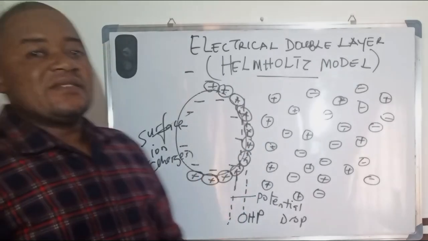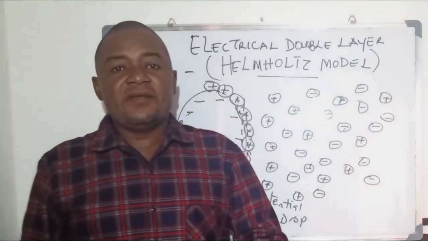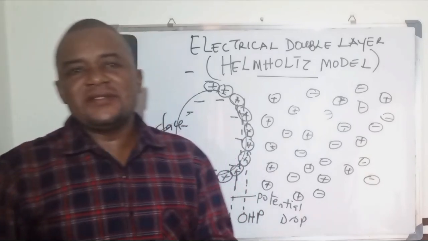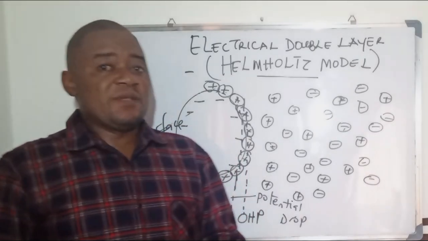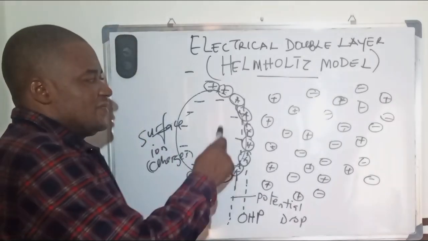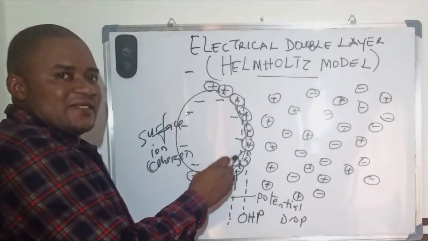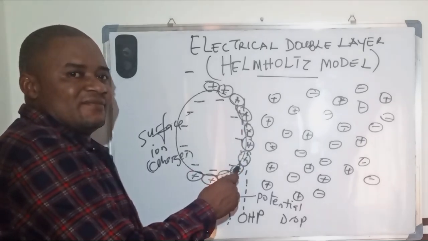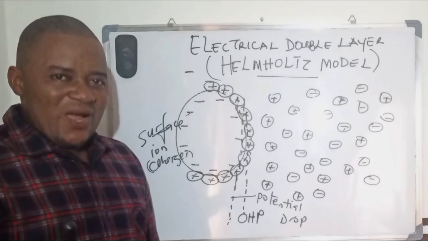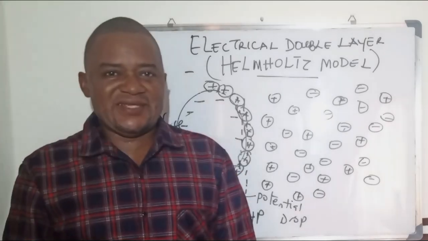So with adsorption of ions in solution, and the possibility of diffusion and mixing of ions in solution due to thermal motion, there's going to be an effect on the rigidity he discussed, which could break this entire double layer. And that was why the Stern model came about.